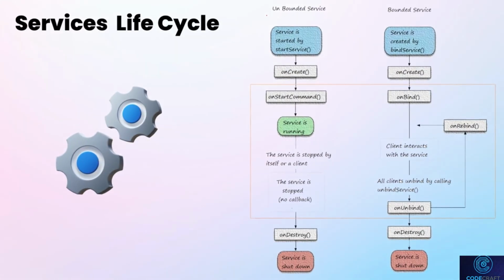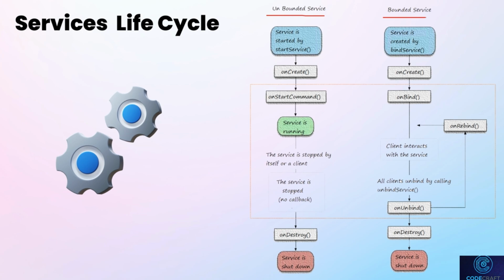To summarize, the unbound services can run independently of components and continue running even if the starting component is destroyed. Bound services are more tightly connected to the components that bind to them. They are automatically destroyed when all bound components unbind from them.